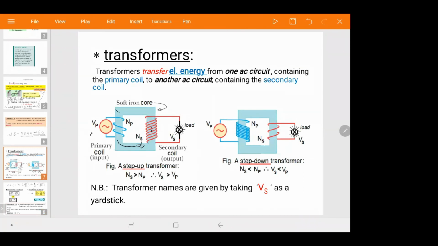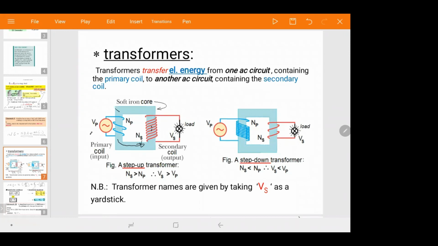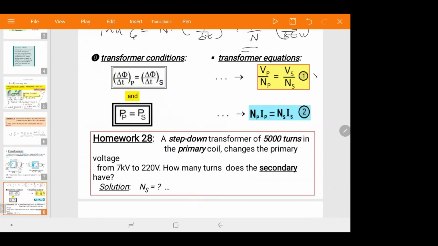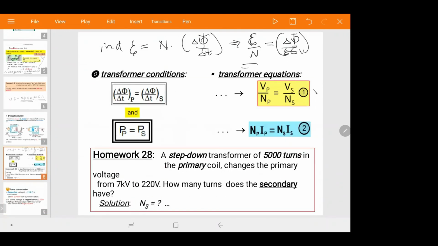You are transferring power from the primary to the secondary. Thus, if the time is equal, power times time equals power times time, this in the primary, this in the secondary. Time cancels out. So when you assume 100% efficiency, power of the primary is equal to power of the secondary.